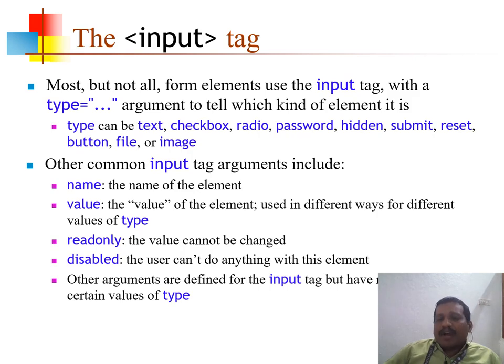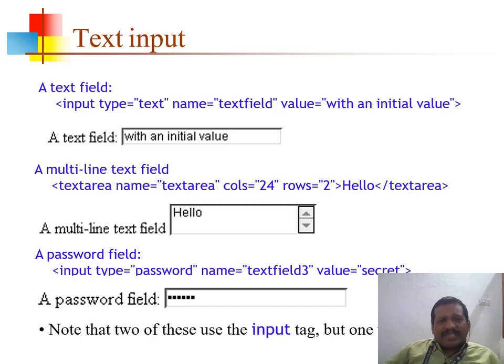With disabled, the user cannot do anything with this element. This is an example of text input where you use input type equals text, with the name you assigned for the text field and the value which is displayed in the text field.